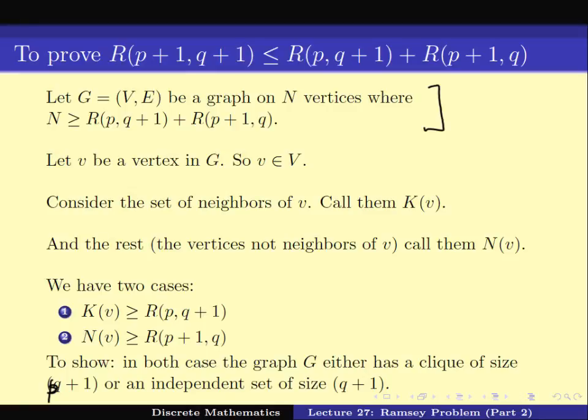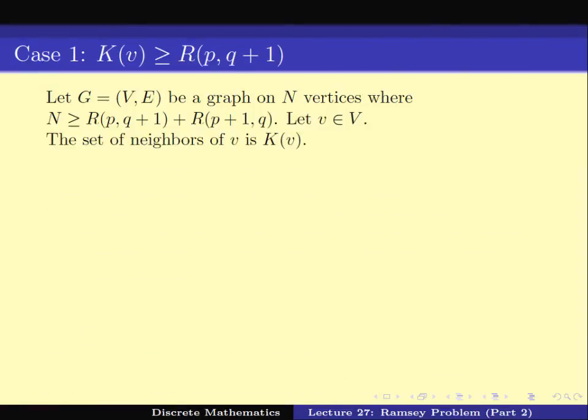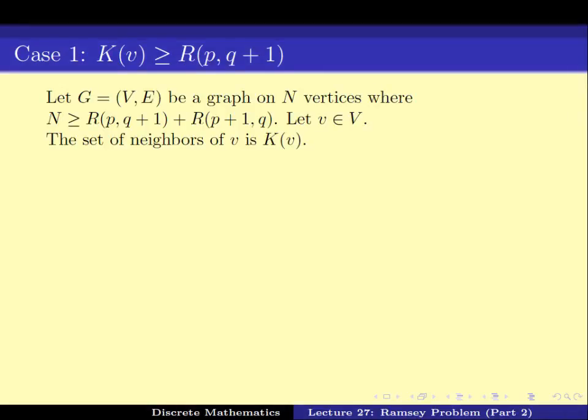And this is exactly what we wanted to prove in the first place. Right? So we will go by proving it case by case. To start with, let's take the first case, namely K_V is greater than or equal to R(p,q+1). Now let's look at what's going on before I start with the explanation.